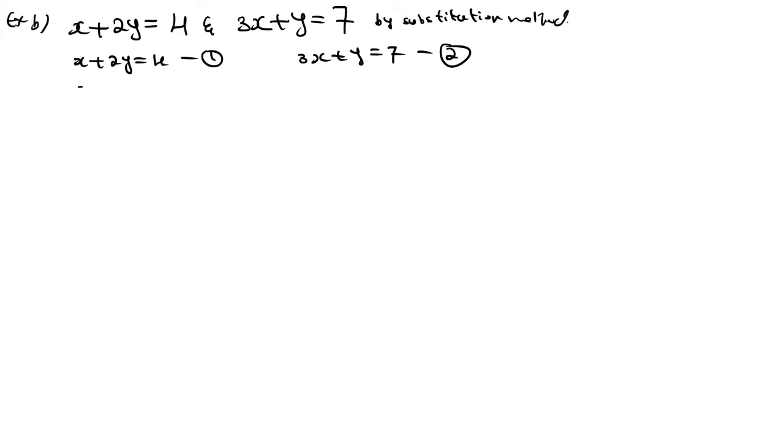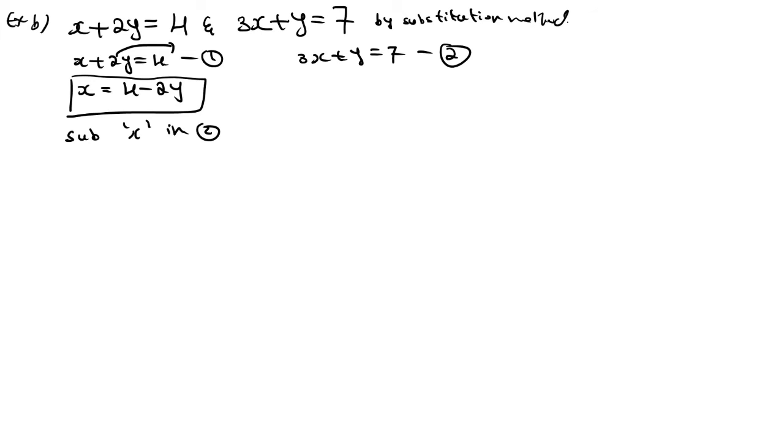Now I am writing equation 1 as x equal to 4 minus 2y just by shifting 2y to RHS. And see, now we have x value equal to 4 minus 2y, substituting x value in equation 2. So 3 into what is x? 4 minus 2y is equal to, and plus here y is there, right? 3 into x plus y, so plus y equal to 7 is there.